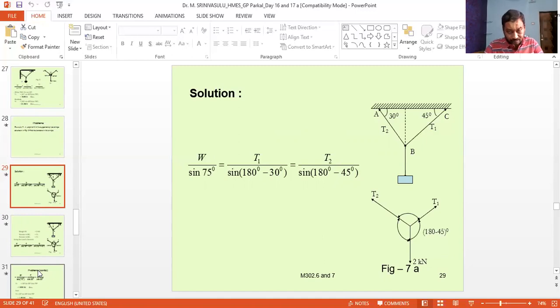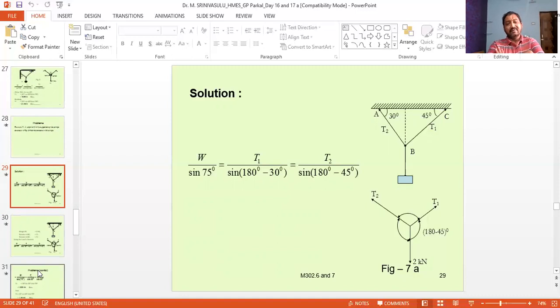Now the W value is given as 2 kilonewtons. Now we need to find out the tensions developed in the string BC and also in the string AB.